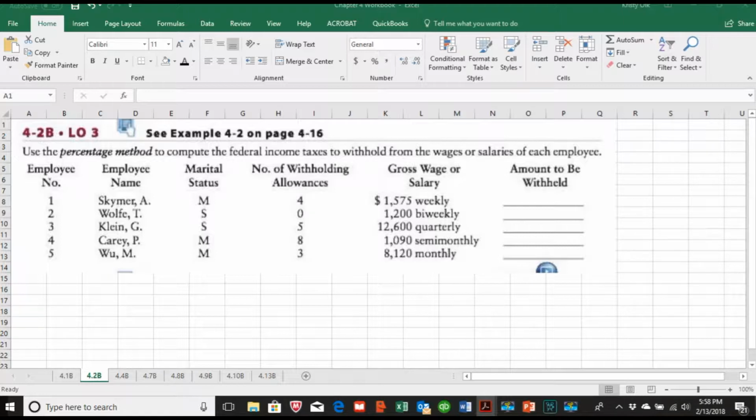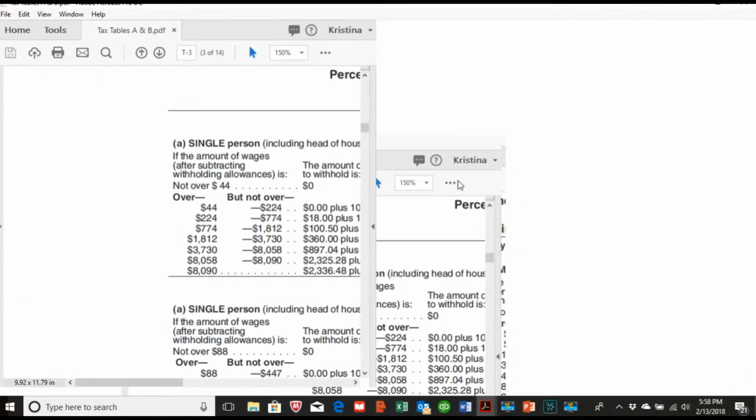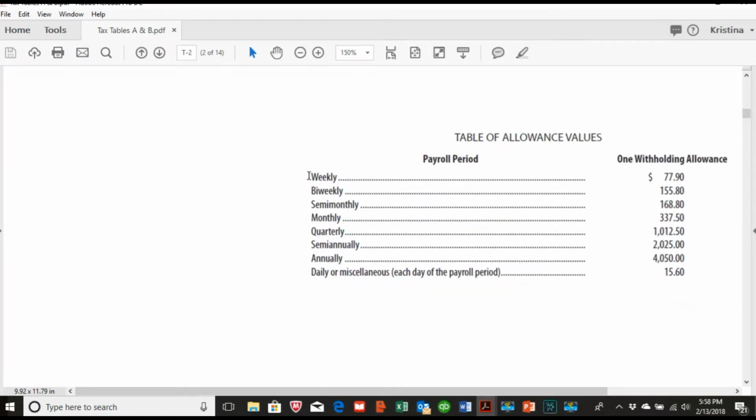So the first thing we have to do is come over to the handy dandy tables, and in the tables you'll notice that if we are weekly, the one withholding allowance is worth this amount. Bi-weekly, it's $155.80, semi-monthly $168.80, so on and so forth going forward.